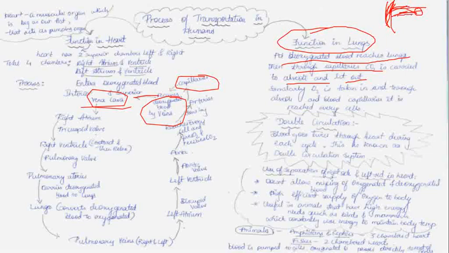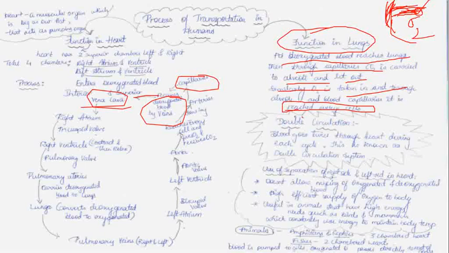There is an exchange of CO2: CO2 enters the alveoli and is released out, and O2, that is oxygen, is passed in. Then there will be oxygenated blood, and it reaches every part of the cells.